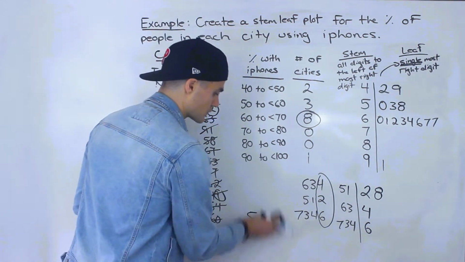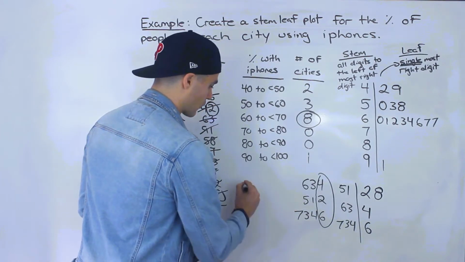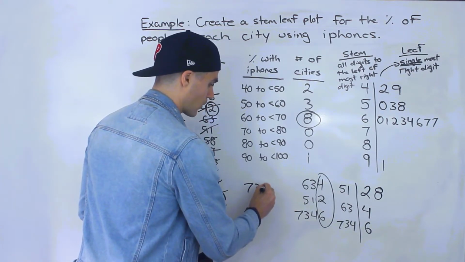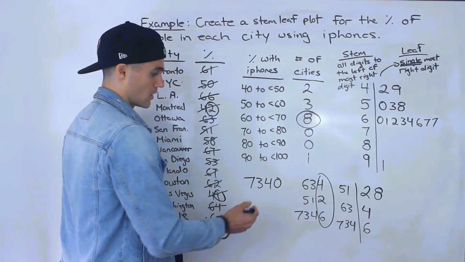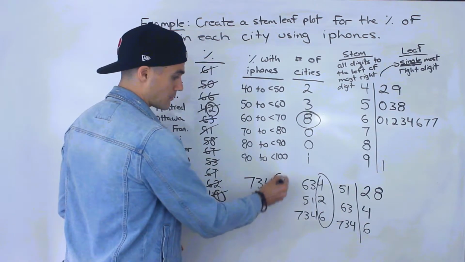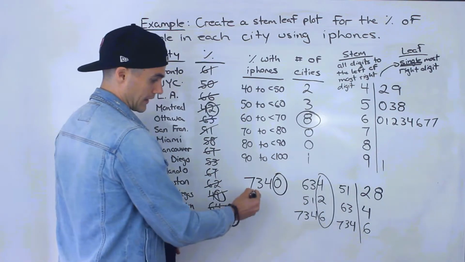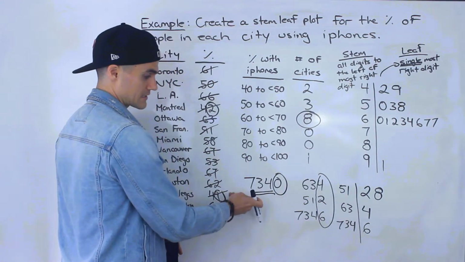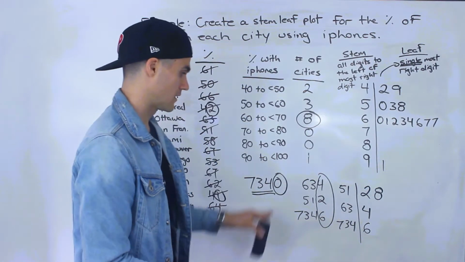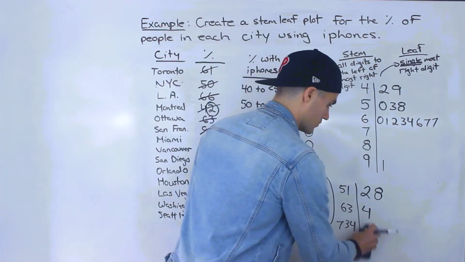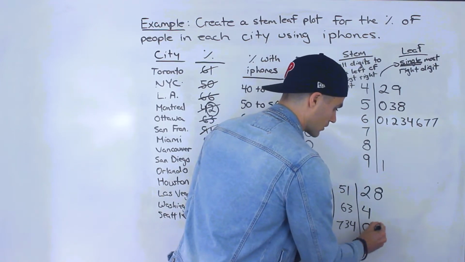Right? If we had another observation, let's say another 4-digit number, 7,340. Well, the rightmost digit is 0, and notice that the other digits remaining is 734, so that would go in this stem over here. And then this 0 would go before the 6.